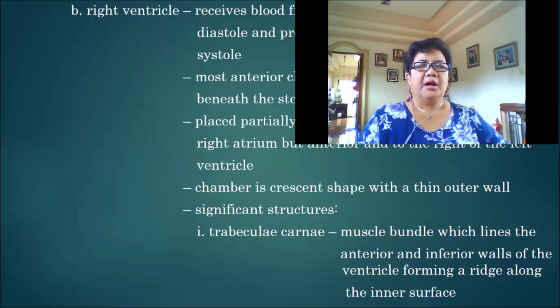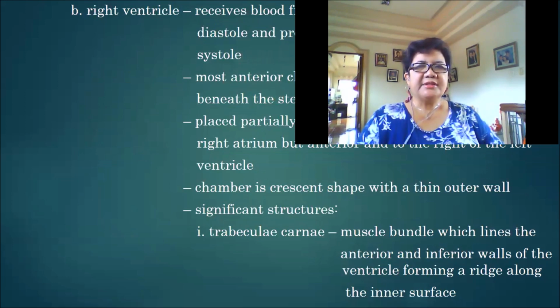So, during ventricular diastole or relaxation, blood will enter the right ventricle. But when it contracts, it will propel the blood found there in the right ventricle to the lungs through your pulmonary tract.